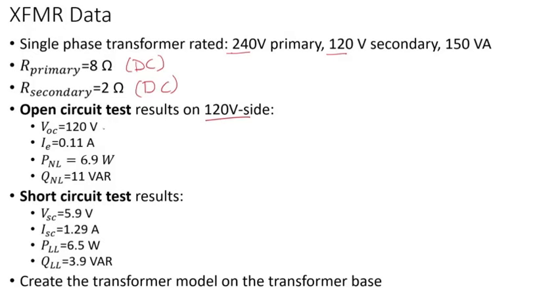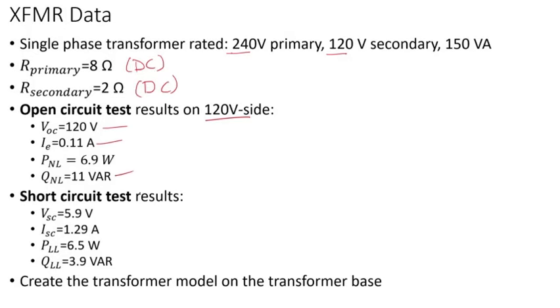Open circuit voltage is 120 volts, excitation current is 0.11 amps, no load losses is 6.9 watts, and the reactive power measured during the open circuit test is 11 VARs.